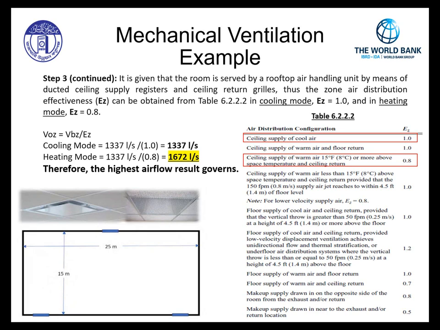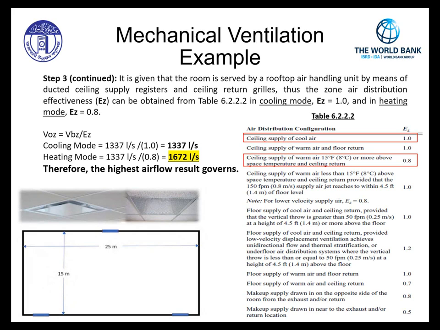In cooling mode, E sub Z is selected as 1.0. Noting the table below, we do have ceiling supply of cool air. We will take that particular value and use it in the cooling portion of the equation.